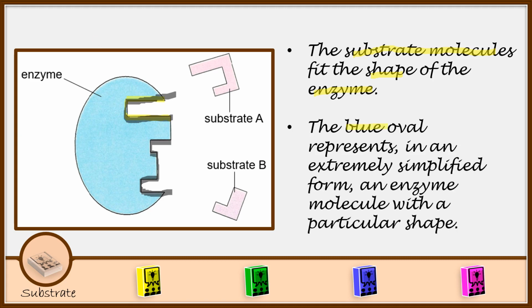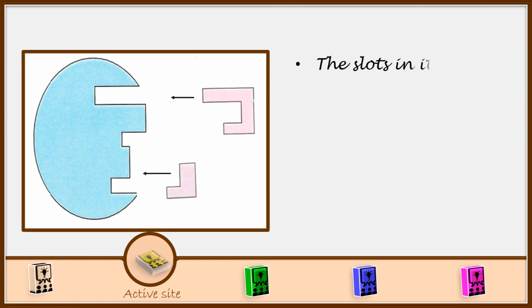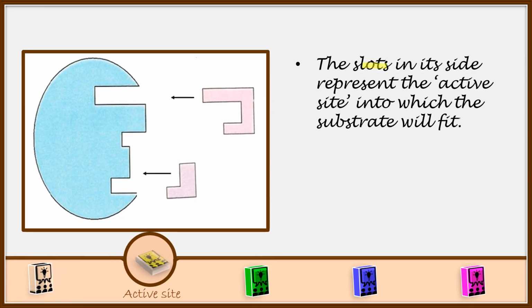So the blue oval represents, in an extremely simplified form, an enzyme molecule with a particular shape. You can see this particular shape where the substrate is going to fit. The slots in its side represent the active site into which the substrate will fit.